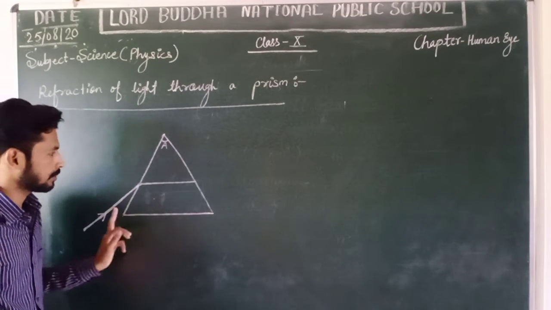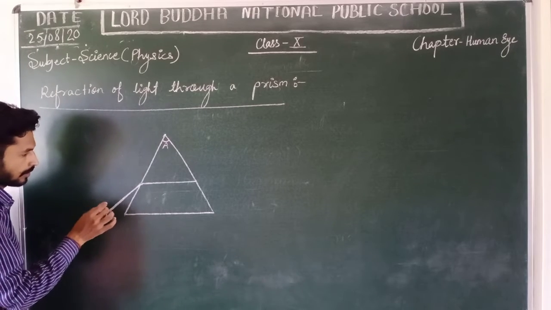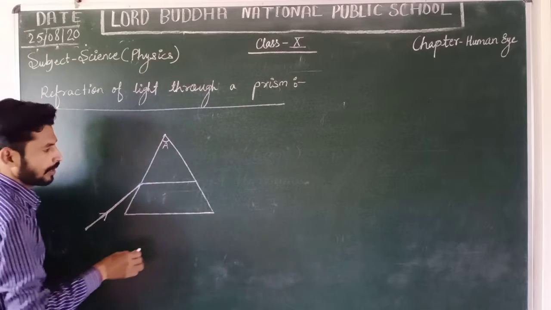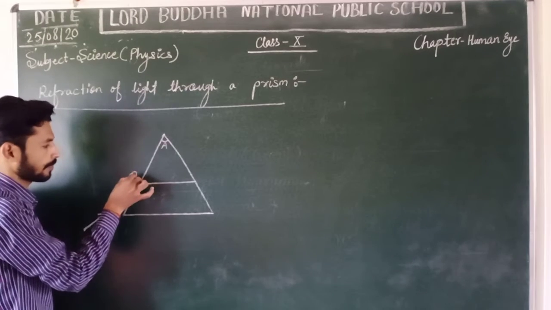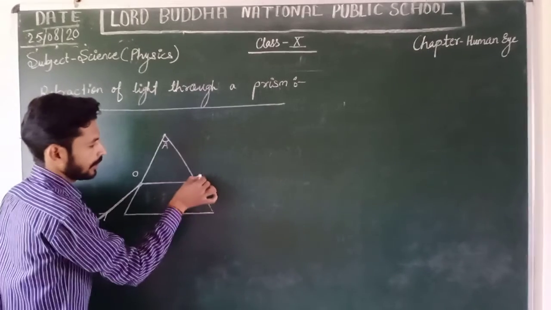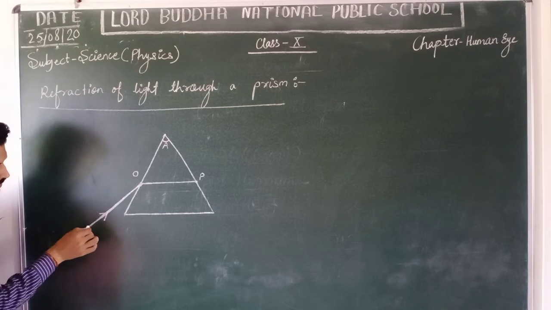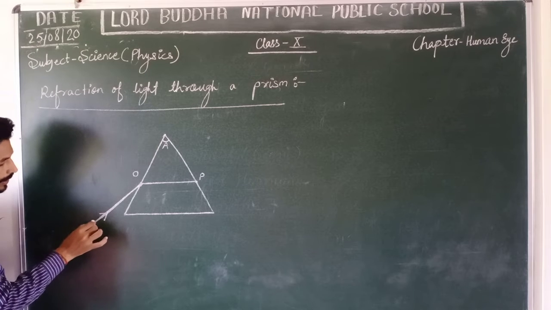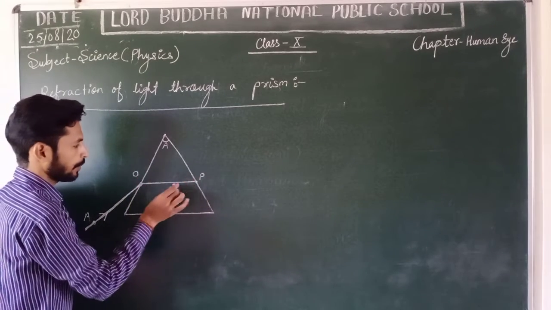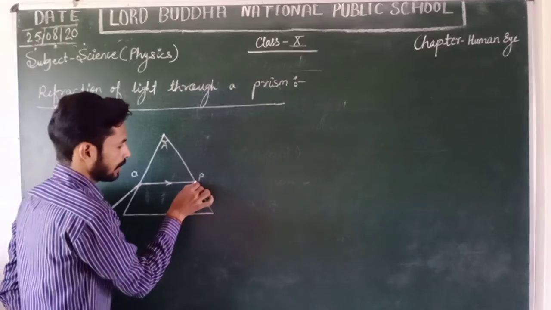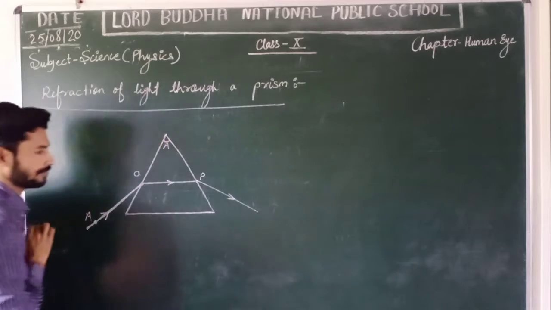that are equilateral. So this is the incident ray and this is the refracted ray, and suppose this point is O and the outlet point is P. The ray coming in is AO, and the refracted ray is OP, and at this point P, it will also be refracted like this.